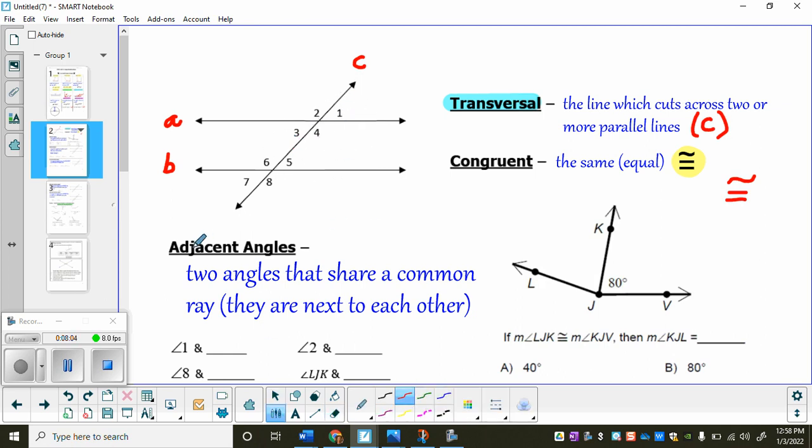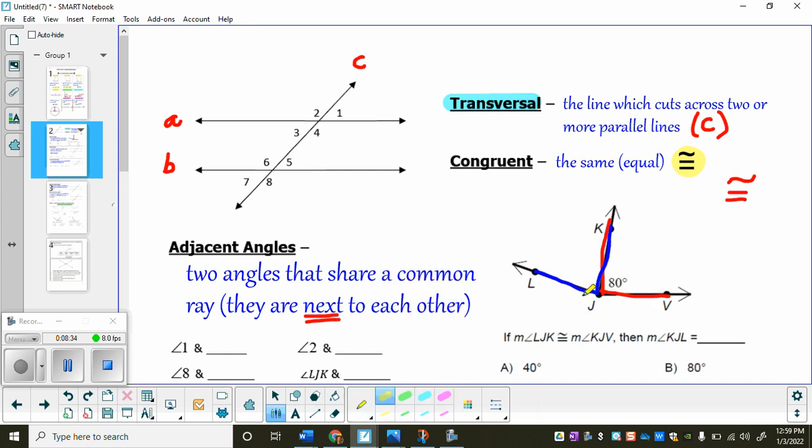Now let's talk about what adjacent means, okay, adjacent. Most of you have heard that in the context of being next to something, and that's still going to work here. You can think of adjacent angles as being next to each other, but make sure that they share a common ray. What I mean by that is that over here in this picture, angle VJK is next to angle LJK, and it shares this ray.